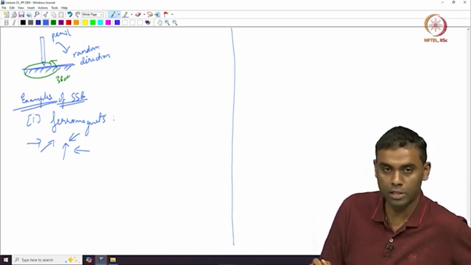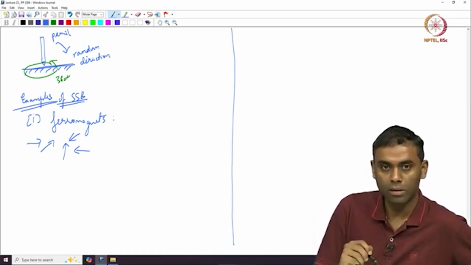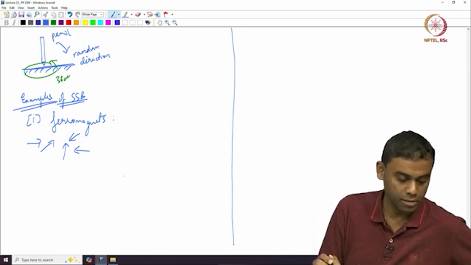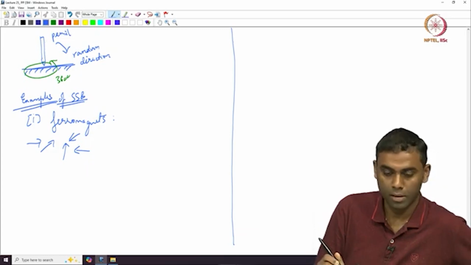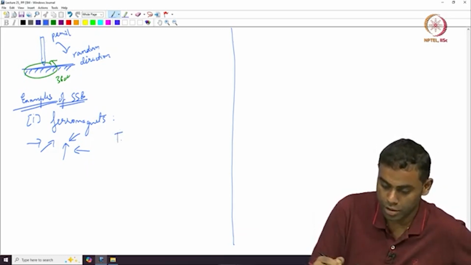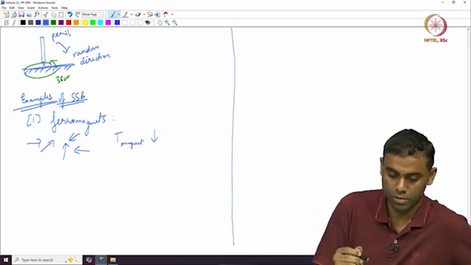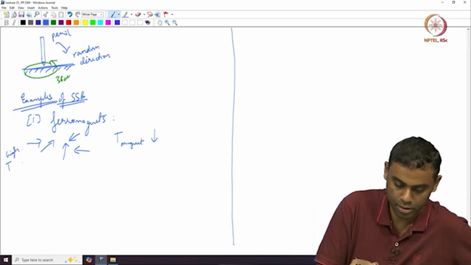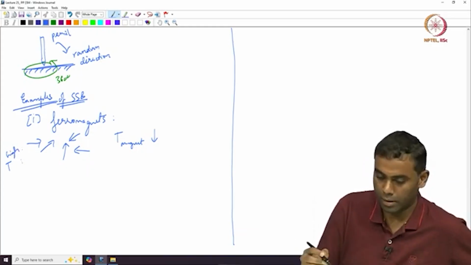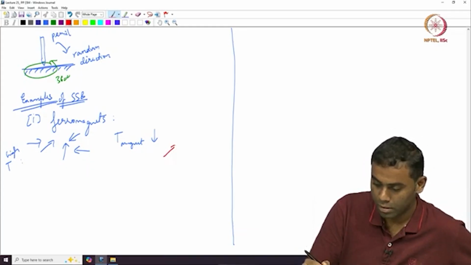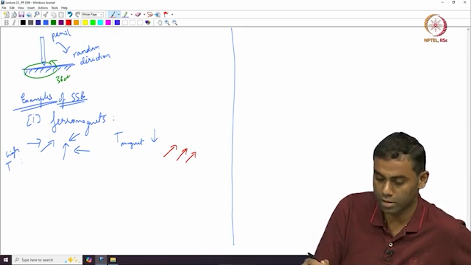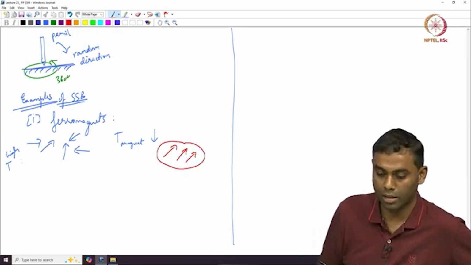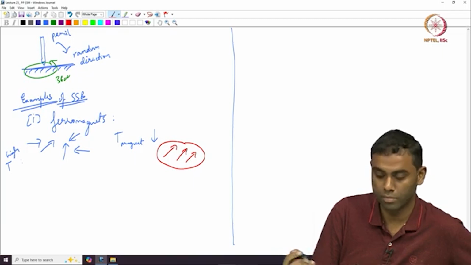Remember there are these domains of spins where they all align arbitrarily, right. But as the temperature of the magnet is cooled down, so let us say here you have high temperature in this phase, then what happens? Then you start aligning, at least within domains, you start aligning all the spins, right, and that is what gives rise to ferromagnetism, correct.